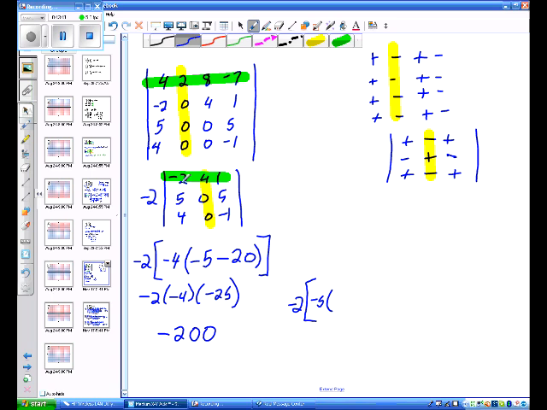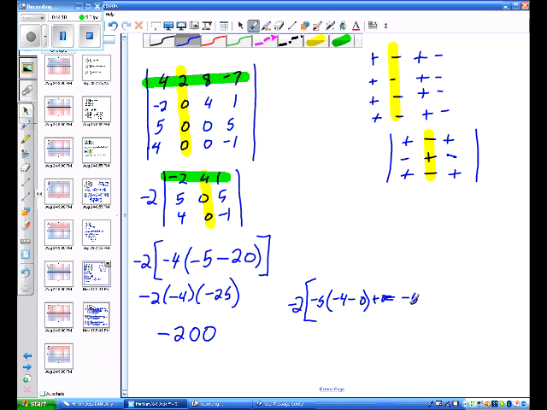We would have left out this row and this column. So that would be 4 times negative 1 minus, we left out this row and this column. So 0 times 1 would be 0. Then it would be the 0, so that wouldn't matter. It was still plus 0, but we don't have to do anything.